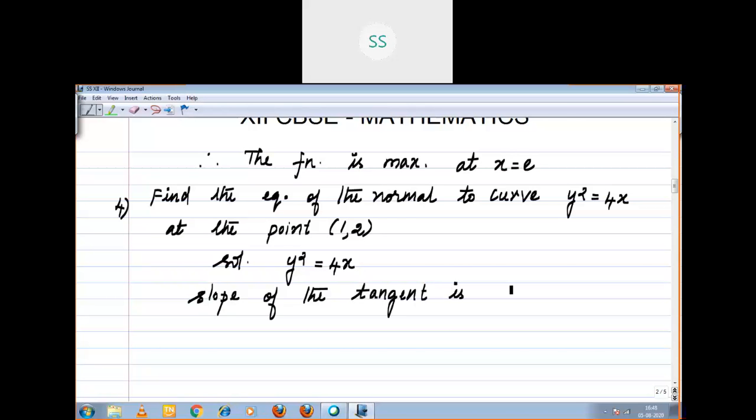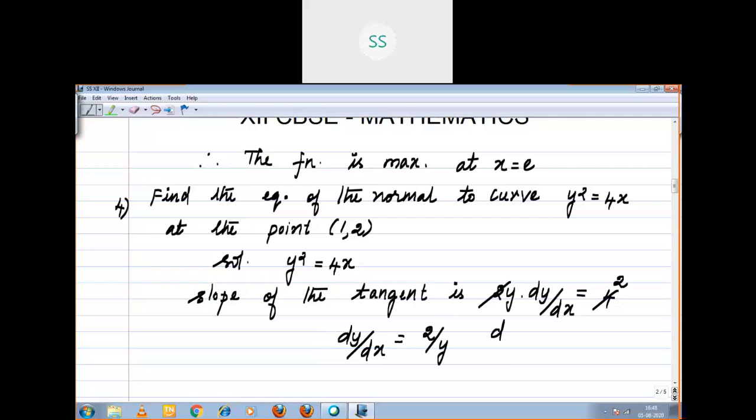When you differentiate y square, 2y into dy by dx equal to 4. Now you know the value of x and y, right? You have to cancel here itself, the 2s. Now dy by dx equal to 2 by y.